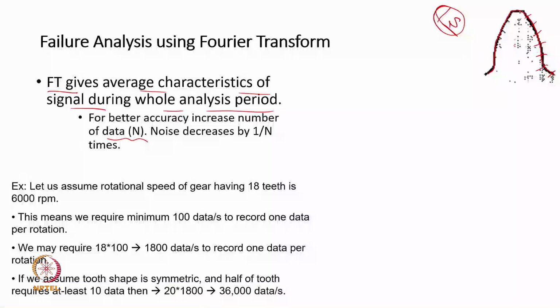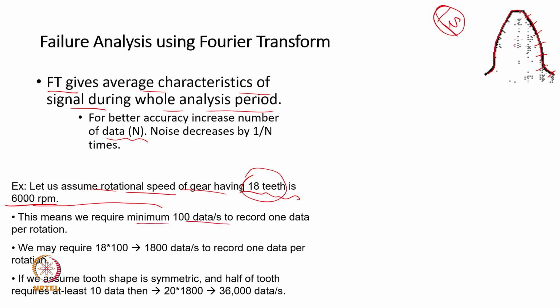For that purpose, let me take an example. Let's assume the rotational speed of the gear, which has 18 teeth, is 6000 rpm. That means the shaft is rotating at 6000 rpm, and it has a gear with 18 teeth. Now if we require the data to be captured, we say we require a minimum of 100 data.